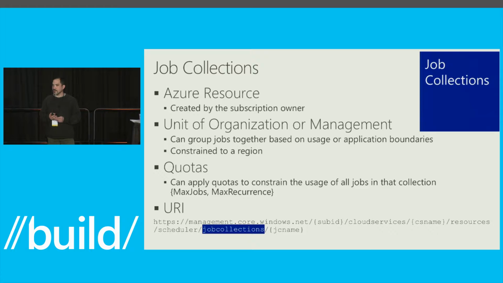This is useful for applications that want to integrate the scheduler service so that you don't have to remember all those rules. You create the rule in the job collection, and then when you try to create the job, you'll get the appropriate error back that your app has exceeded its quota for that job collection. And at the bottom there, I have the URI so that you can see where you can actually create a job collection by doing a put.